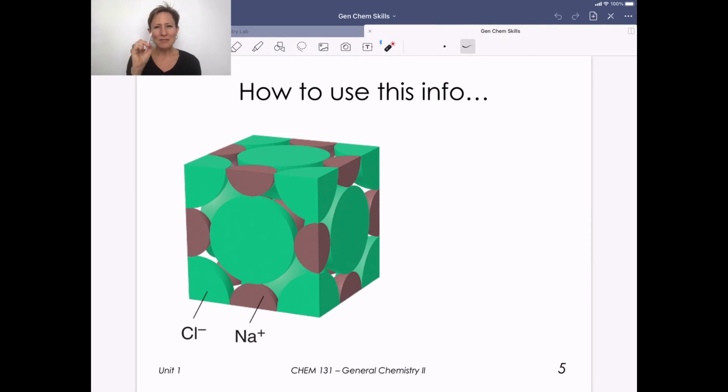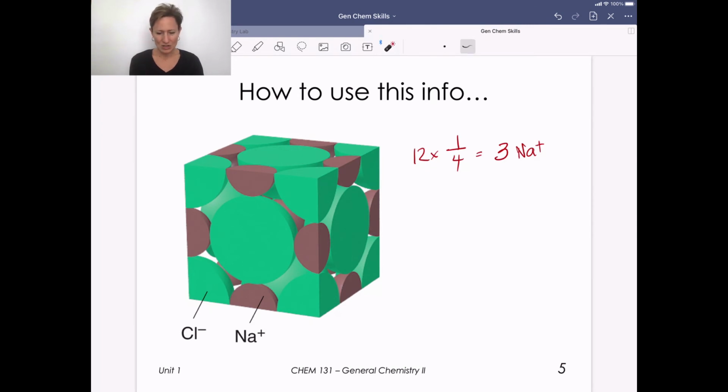There are 12 edges on a cube. So I've got 12 edges times each edge owns 1/4 of that ion. That means I've got 3 sodium ions from my edge.